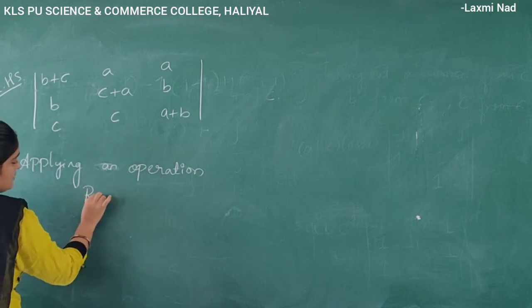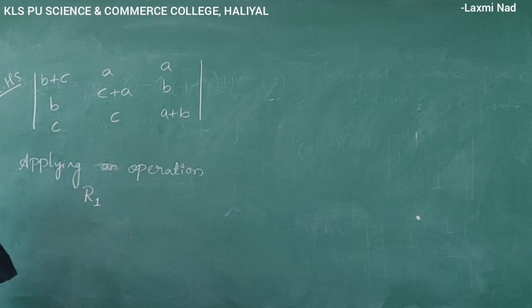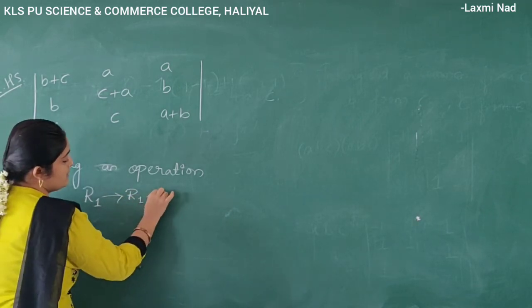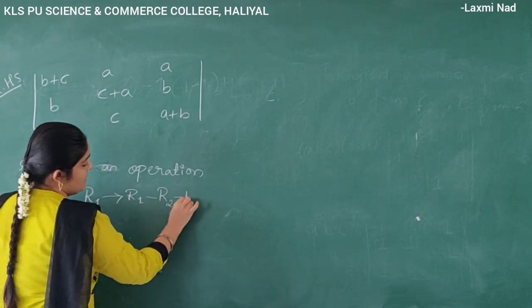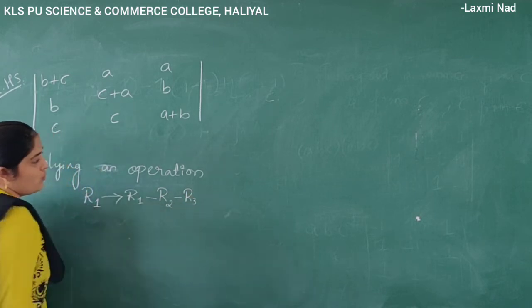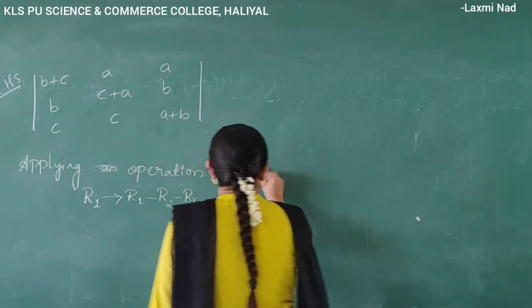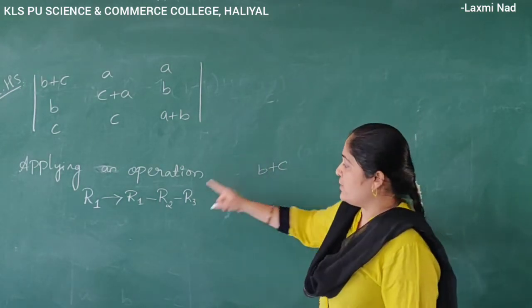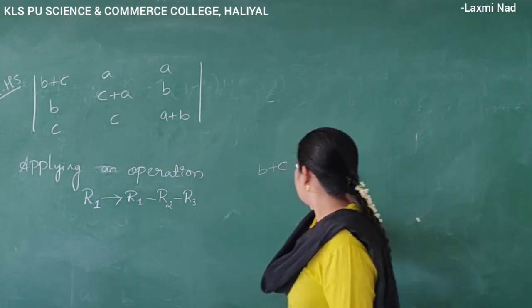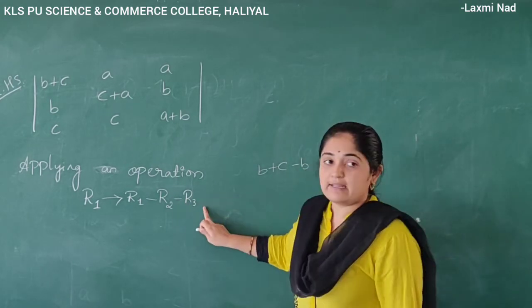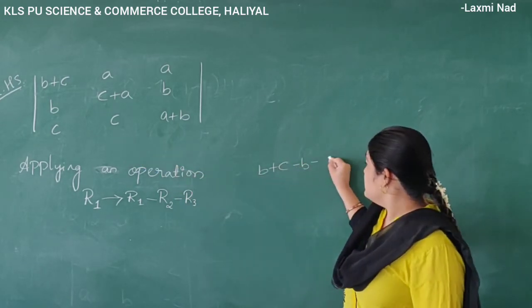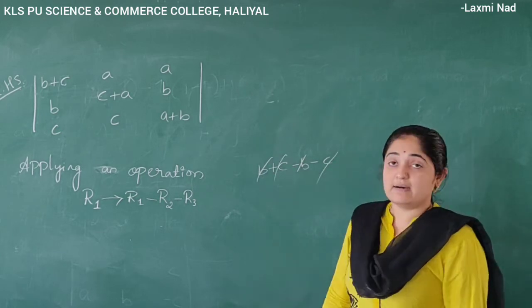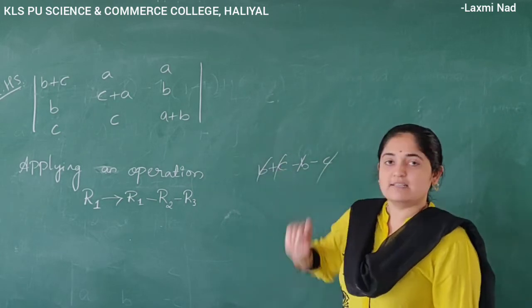I am operating for R1: R1 minus R2 minus R3. So B plus C is in R1, minus B from R2, and minus C from R3. So plus B minus B cancels, plus C minus C cancels, and you are left with 0.